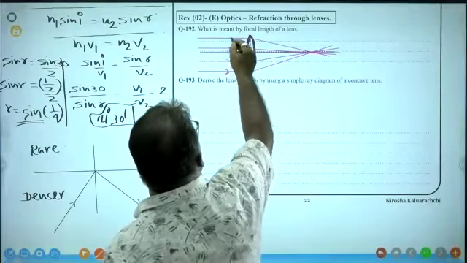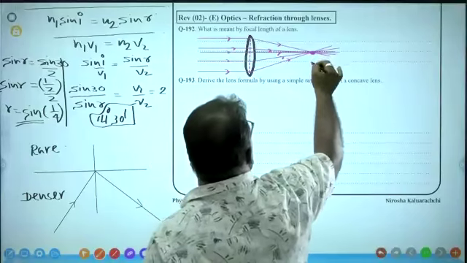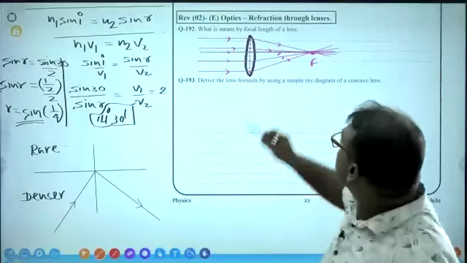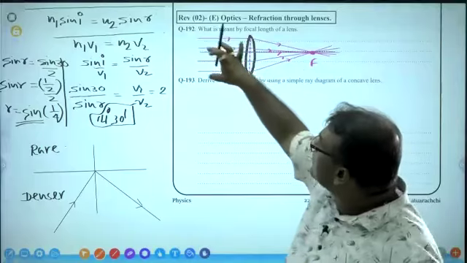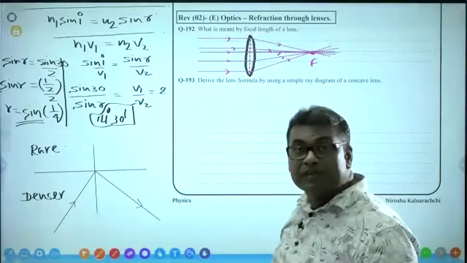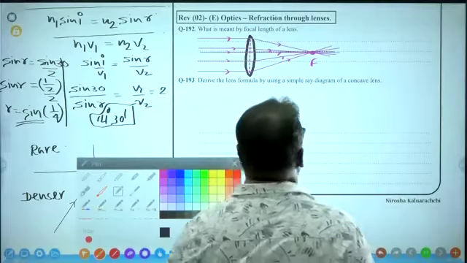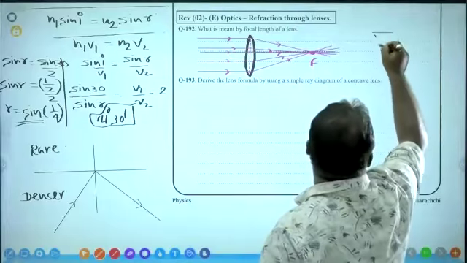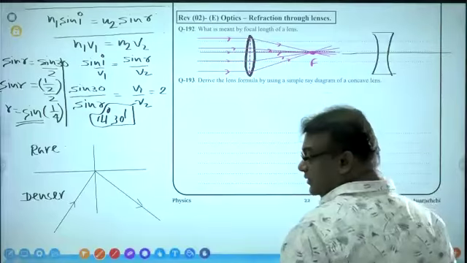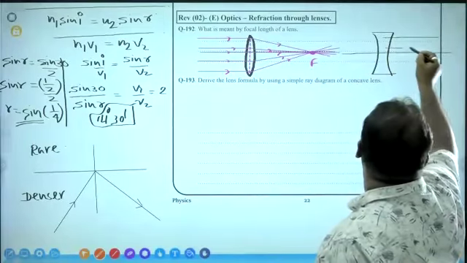So, what is the definition of focus? The point at which the parallel beam of light converges after passing through a convex lens. We have another arrangement, a concave lens. Here is the principal axis, and a beam of light falls like this.